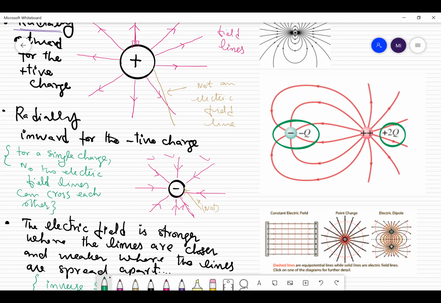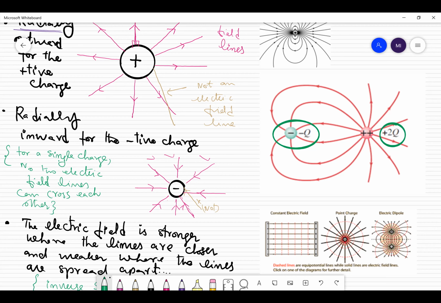For each 1 coulomb of charge, 6 lines are drawn, right? So here definitely it will be 12, because for 1 coulomb of charge we draw 6 lines, so for 2 coulomb of charge we will draw 12 lines.